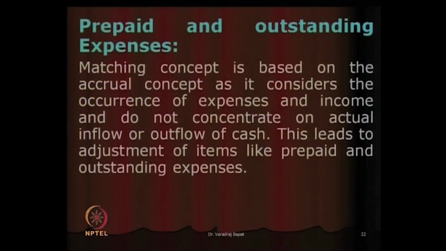An example of prepaid expense is if the insurance is paid in advance. For next month's insurance premium I am paying now. So, I will have to record it today itself and it will be shown as a prepaid expense. I will not record it as an expense for this month. I will record it as a prepaid expense and it will be transferred to the balance sheet.